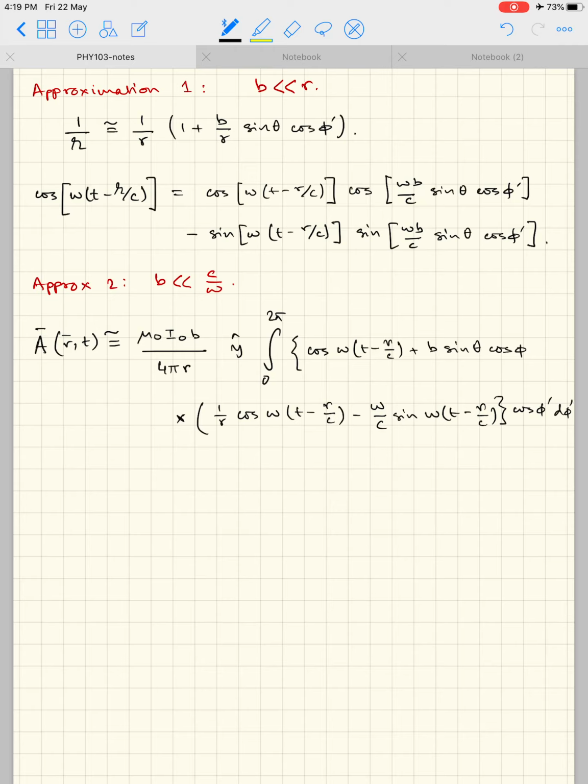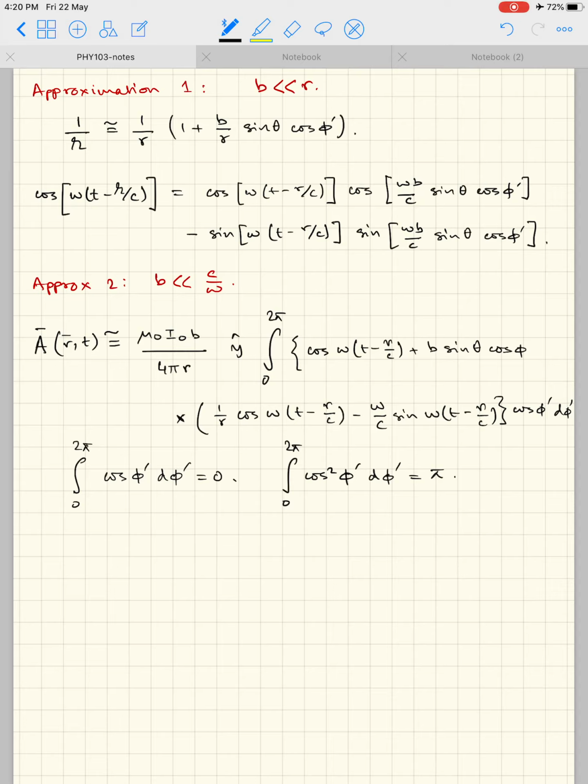Now notice that the first term actually integrates to 0 because 0 to 2 pi of cos phi primed d phi primed is equal to 0. And the second term has a cos squared in it, so 2 pi cos squared phi primed d phi primed is actually equal to pi. So let's put these things in and notice that A in general points in the phi direction.